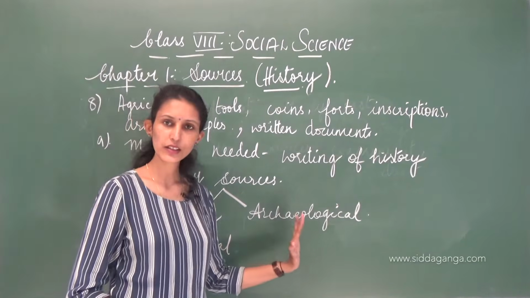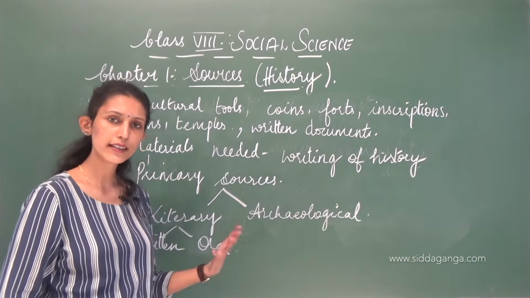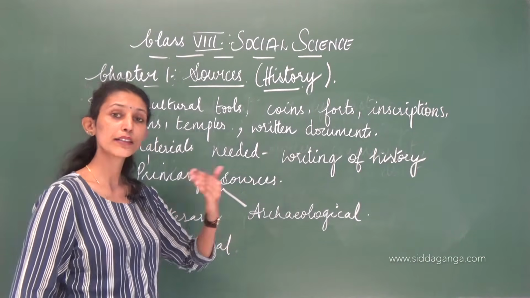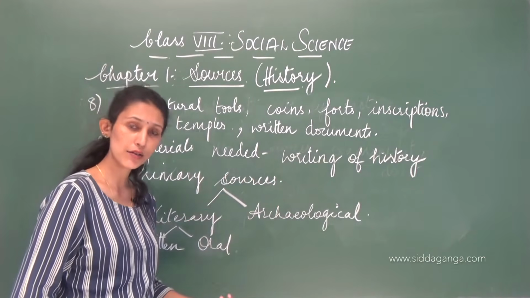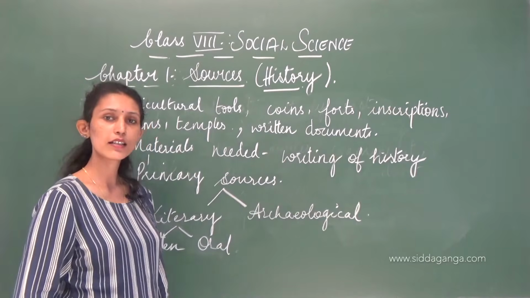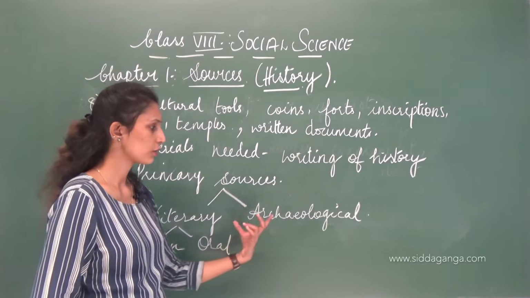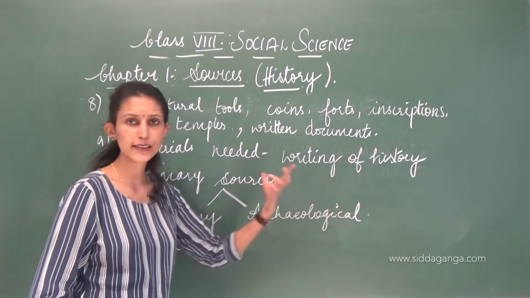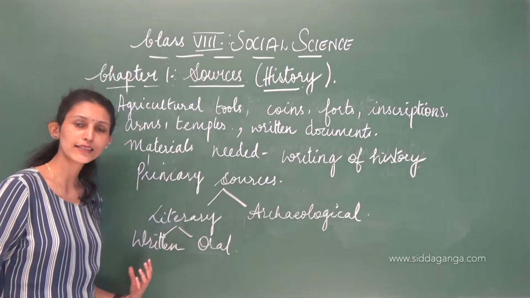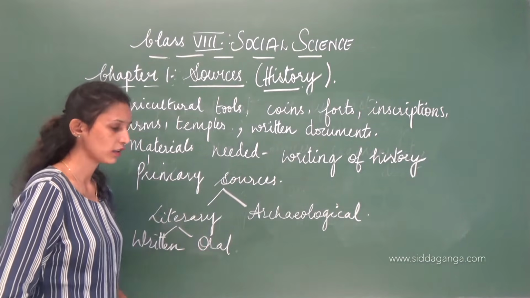Now archaeological sources are old things that you find, may not be on the surface of the earth, but can be found when you dig down under the earth, there may be hidden things down below the earth. So archaeological we will study in the next class. Today we are going to focus only on literary, what is written and what is oral.